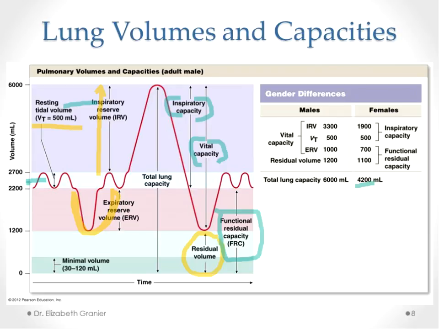Okay? Now, when we do functional testing, the old school way is you breathe into a device and a pin moves on a graph sheet of paper and you get these volumes. The new way to do it is you breathe into this little computer device and it will not only give you capacities and functions, but it will tell you, when you are exhaling, what amount of air flows in the first second, what amount flows in the first 25 percent of the time you're exhaling, and then the next 50% of the time of you exhaling.